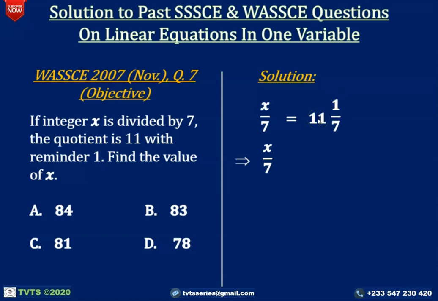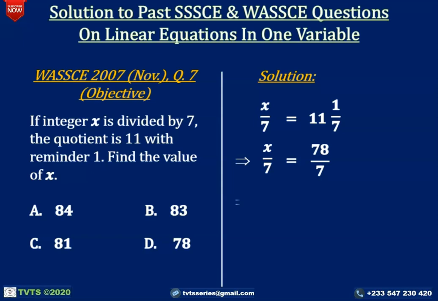So we have 78 over 7. Now, let's multiply through by the LCM of the denominators, which is 7.